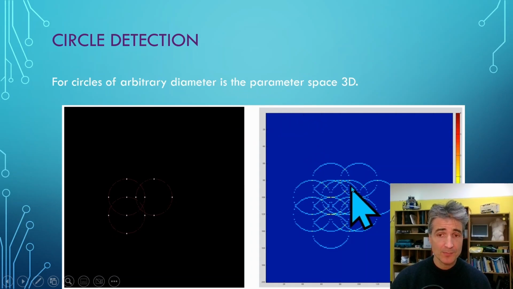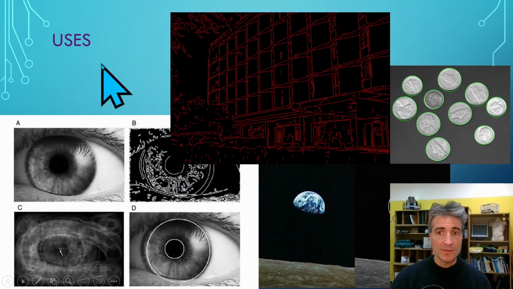Okay, so of course here the parameter space will be 3D if we search for circles of arbitrary diameter, and this problem gets more and more complicated the more parameters you need to describe the function. So it's not really useful for complex objects, but it can be very useful for simple objects like lines, circles, or ellipses. Here we have some examples of how it can be used.